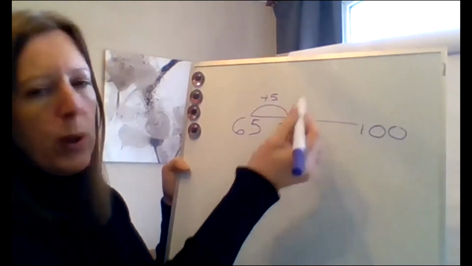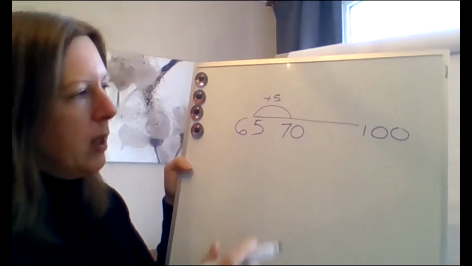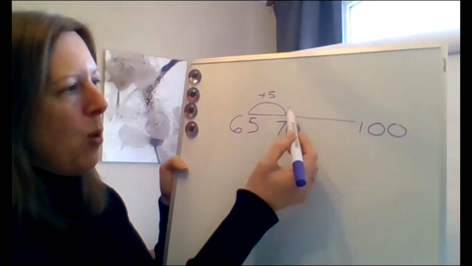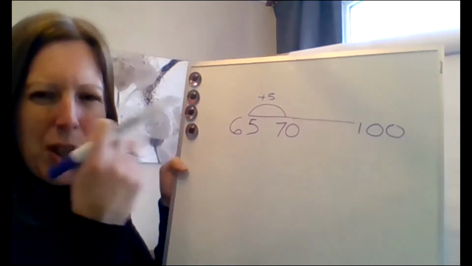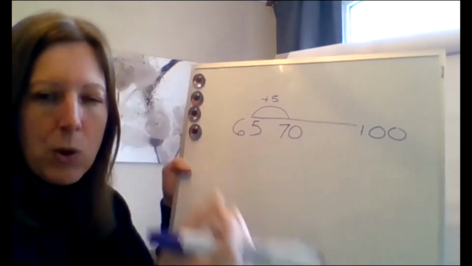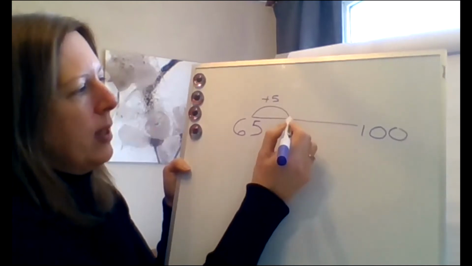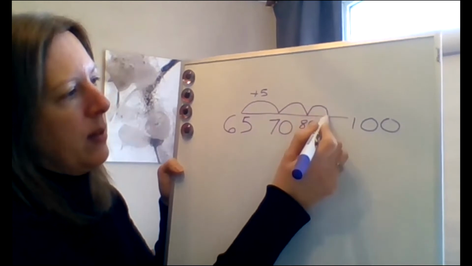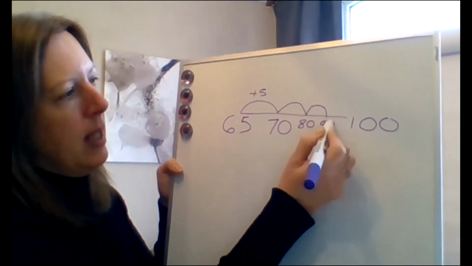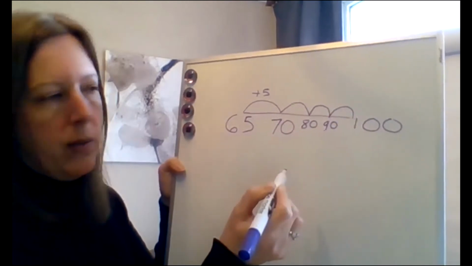Now we could jump in different ways here. We could jump in one big jump to get to 100. Or we might think, okay, I want to be sure about this, I want to count on in tens. So if I count a 10 here, that would get me to 80. Another 10 would be 90. And then another 10 there would be 100.